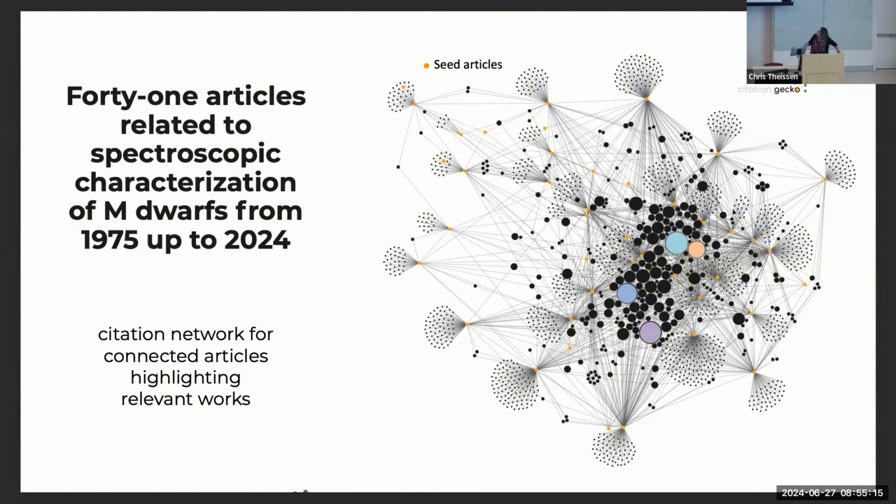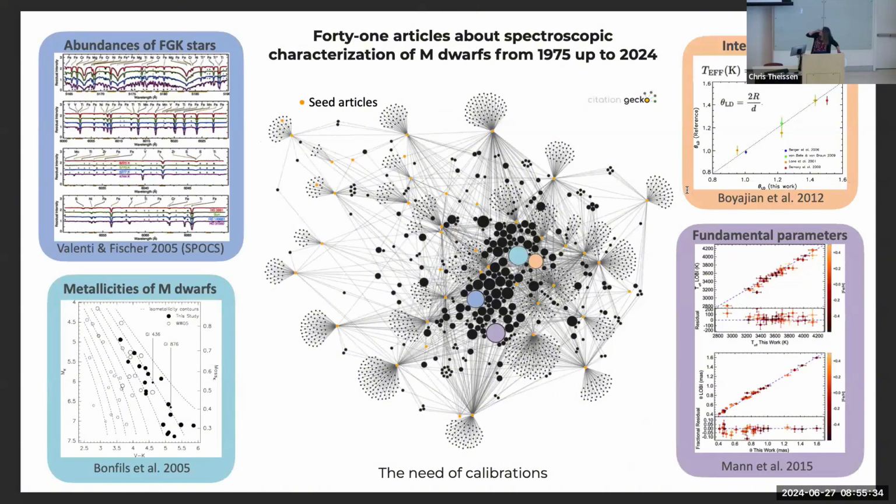And if the black dot gets bigger, that means that several papers are citing that work. And I wonder if you can guess which ones those works are. So probably you would not, right? These are papers that are related to spectroscopic parameters of M dwarfs, okay? So I highlighted in colors the ones that had the largest dots.